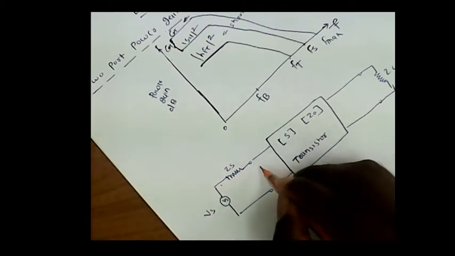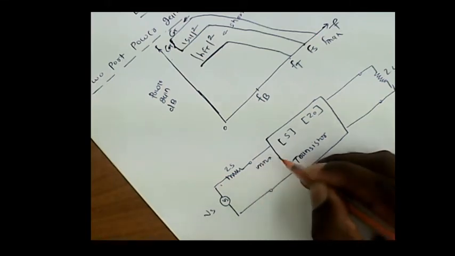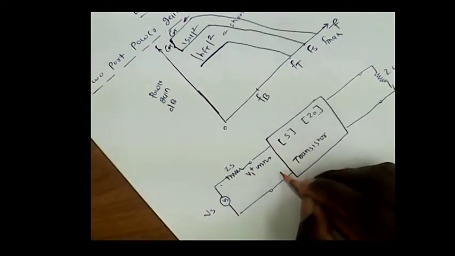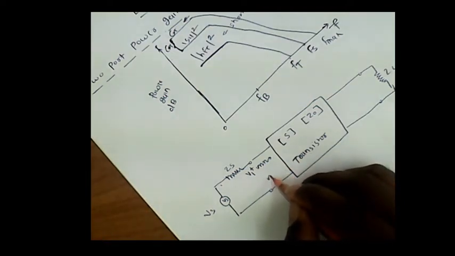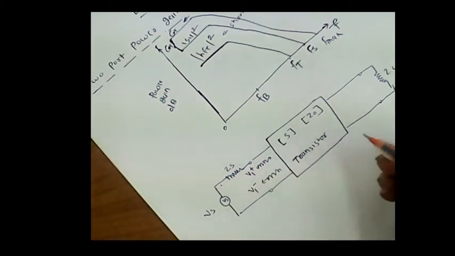So due to a mismatch condition, there is some reflection voltage which will be generated by port 1. That is the incident voltage, which is denoted by plus V1. There is some reflected voltage which is generated by this two-port network, that is denoted by minus V1.